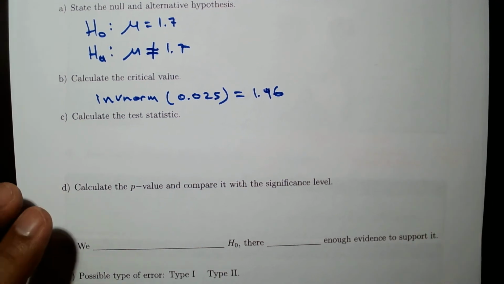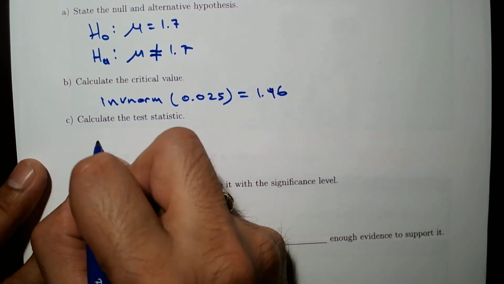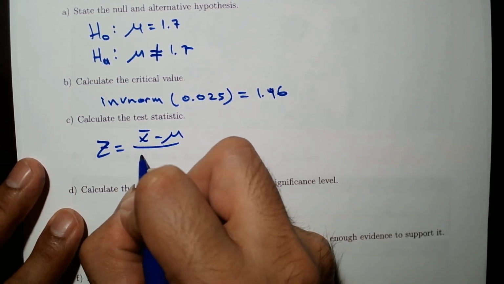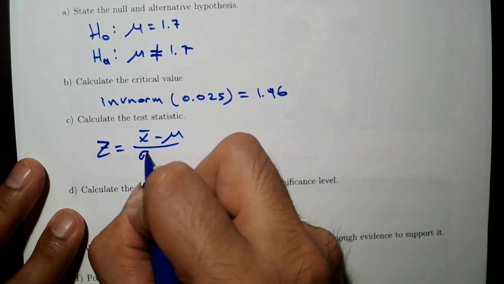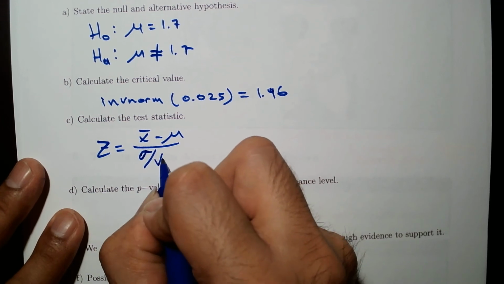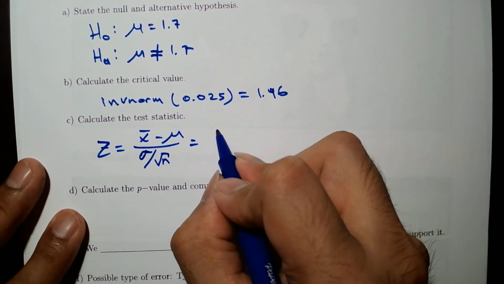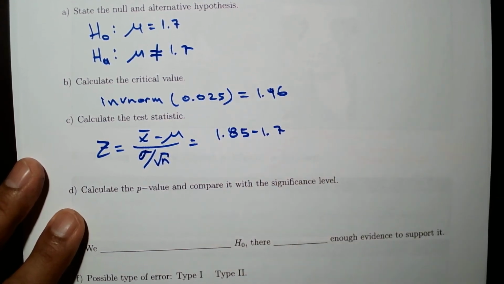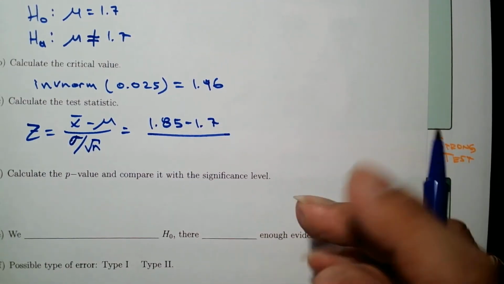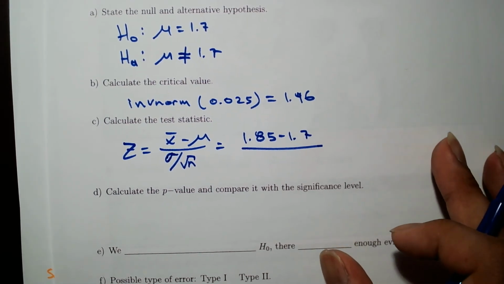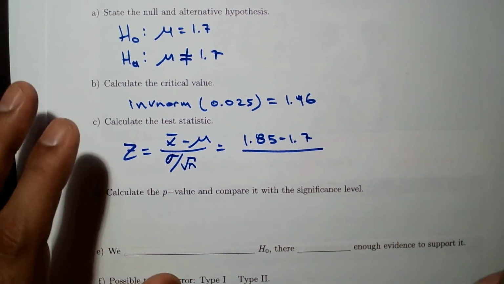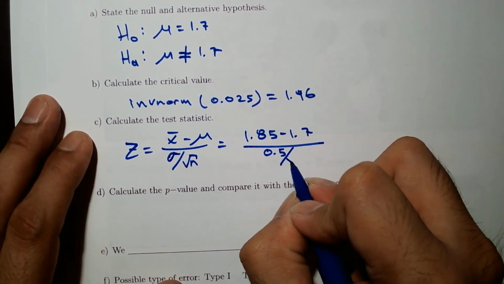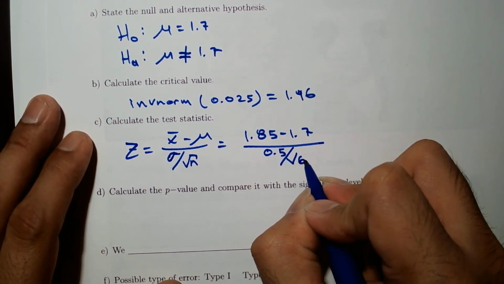So, what are we going to do next? Well, calculate the statistic. Z equals sample mean minus population mean divided by sigma over square root of n. Putting numbers, 1.85 minus 1.7 divided by 0.5 over the square root of 60 this time.